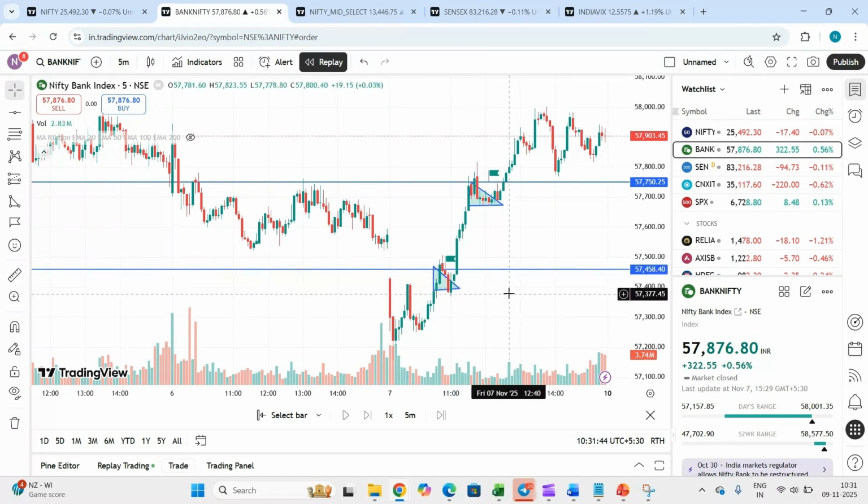A lot of times people ask how to set the SL. Now if you see here, I am considering this as a pole, a bullish pole. I have to keep the SL somewhere below here. This should be my SL. And see, it never came down to the SL levels.